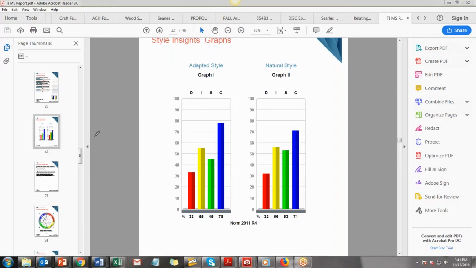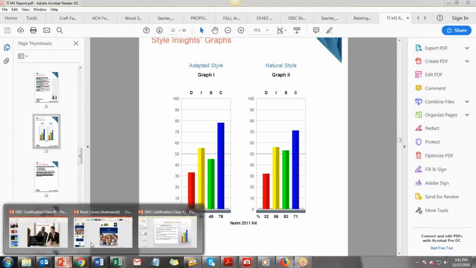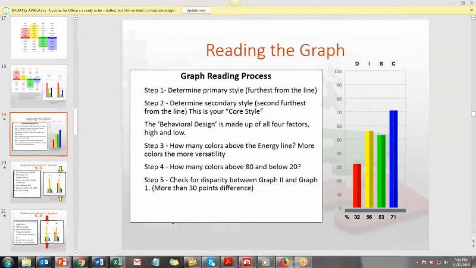All right, so let me go back and review those 5 steps and make sure you got that. All right, so step 1, determine primary style. So in this case, primary style, the tallest color is C. The second color is I, and it's super close to the green line.